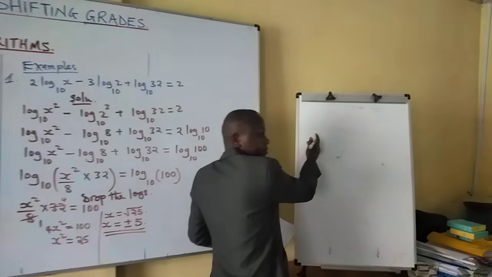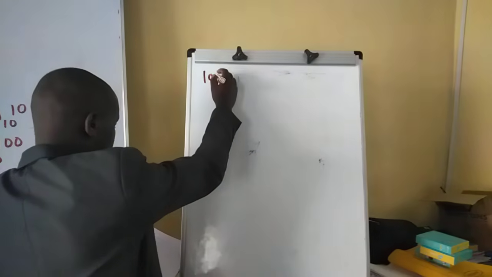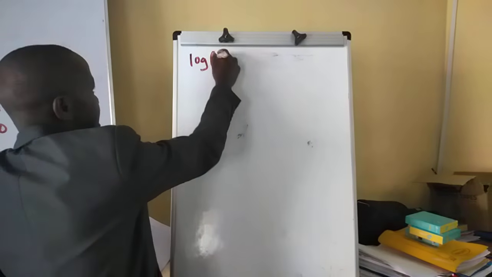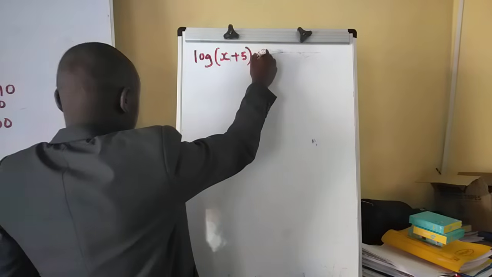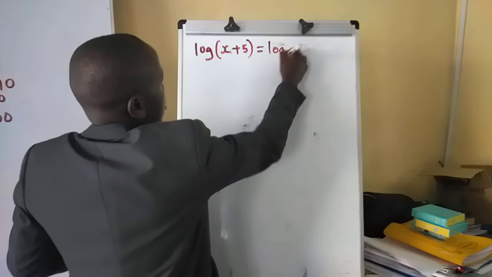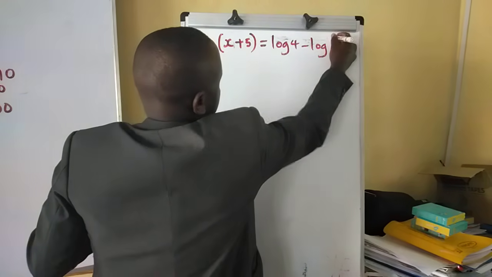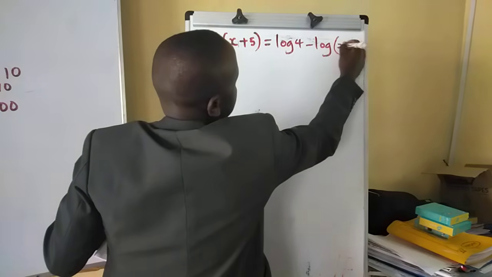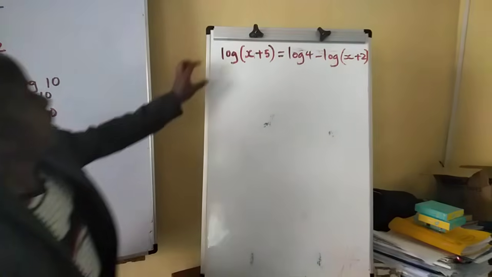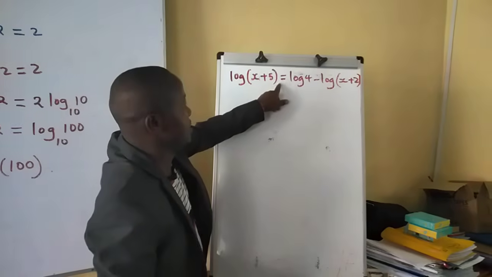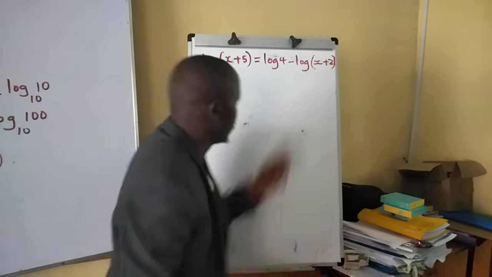When you are given a question like this: log of x plus 5 is equal to log 4 minus the log of x plus 2. So that is the question. Log of x plus 5 is equal to the log of 4 minus log of x plus 2.